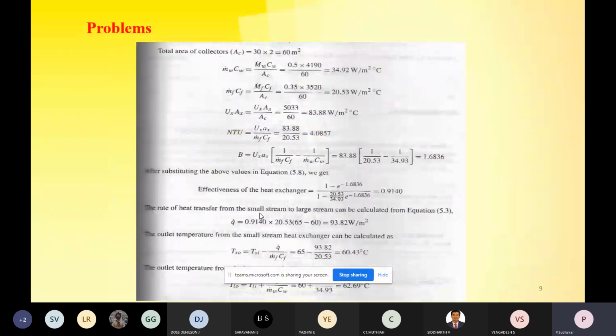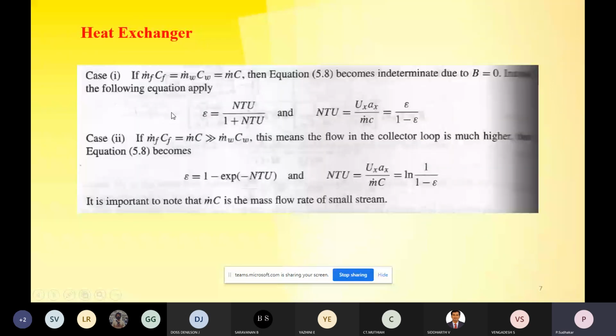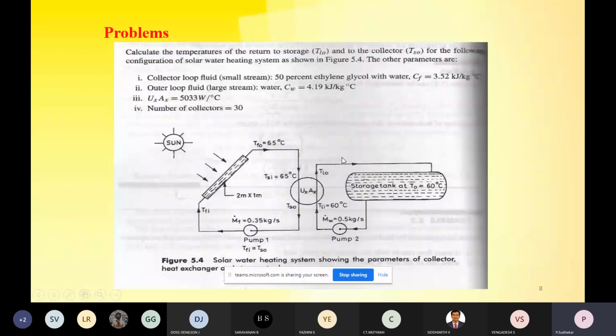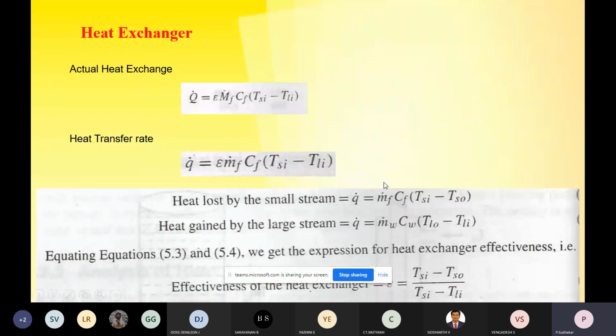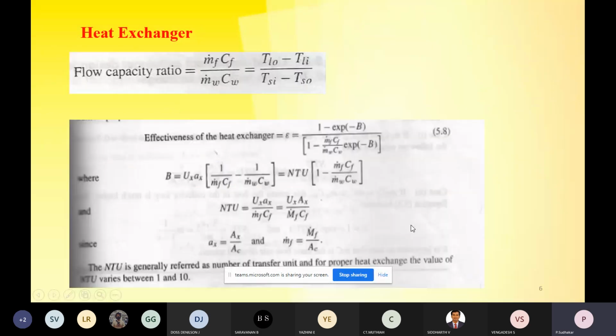So when we go to the problem, this is the area of the collector as I said, and to calculate TSO and TLO, first we have to find Q dot. For finding Q dot, you have to find M dot CF and M dot W CW. For that, we have to find NTU and effectiveness.